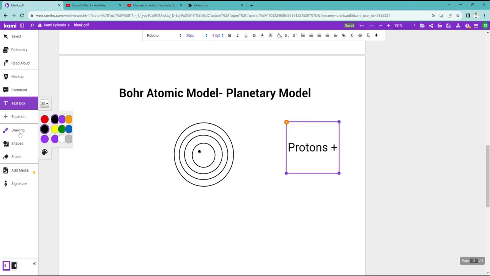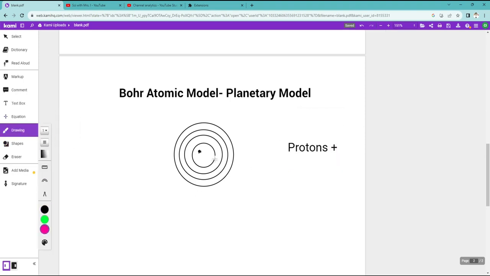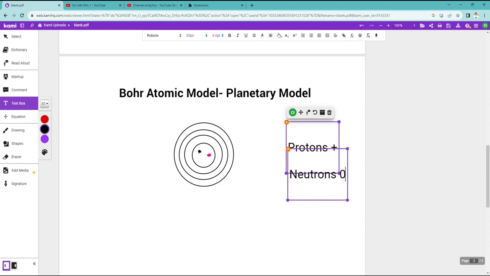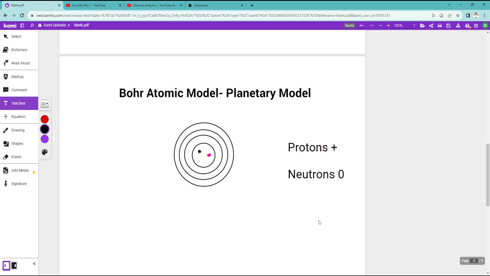We also have neutrons in the nucleus. Terrible drawing, but you get the picture. Those are called neutrons, and they have a neutral charge, so zero charge. So protons are positive. Neutrons are neutral, so no charge.